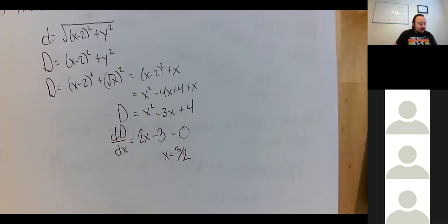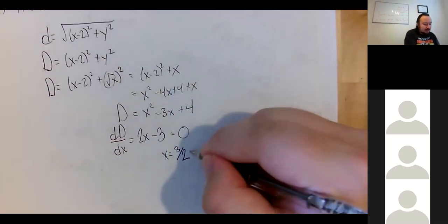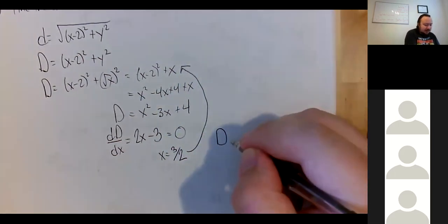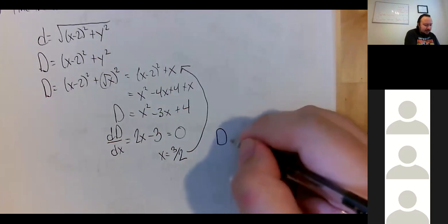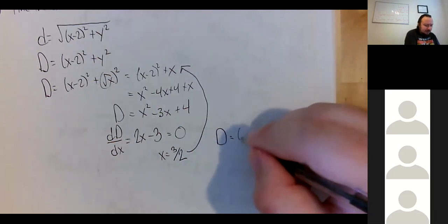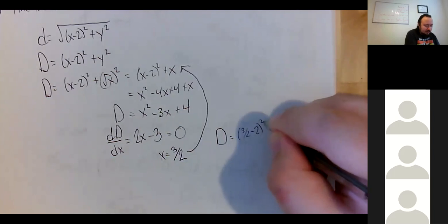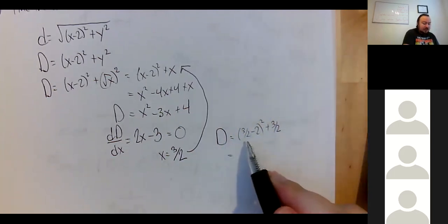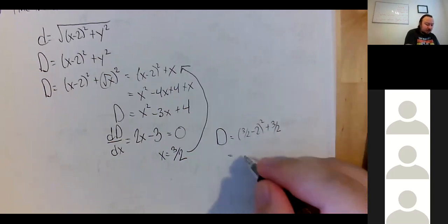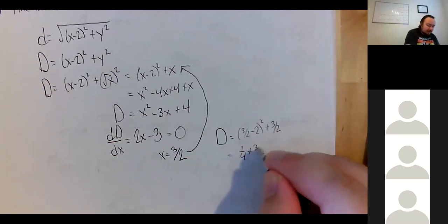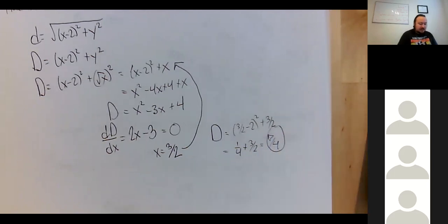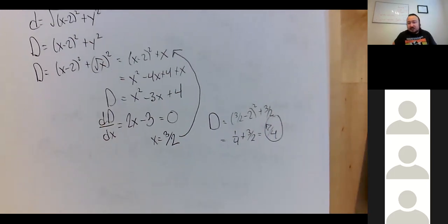All right, so then I'm going to plug this into my distance function right here, and I'm going to get that D is equal to 3 halves minus 2 squared plus 3 halves. So this will be negative a half. When we square it, we get a quarter. So we end up getting 7 over 4 as our minimum distance.